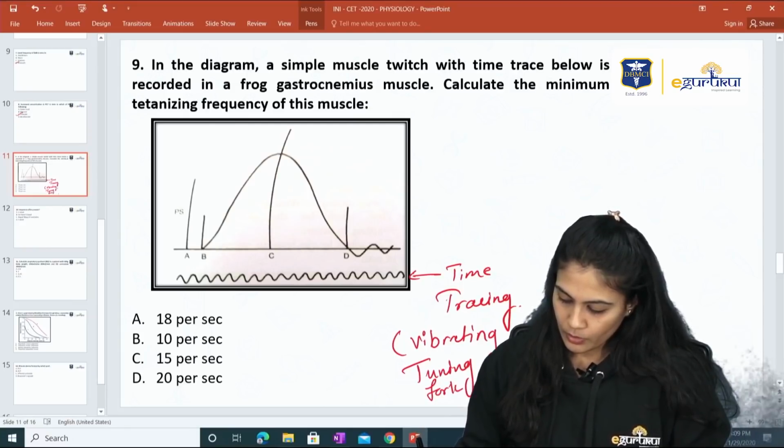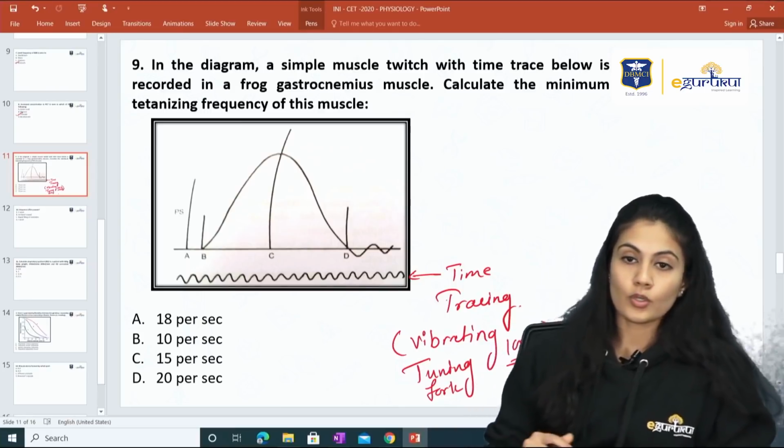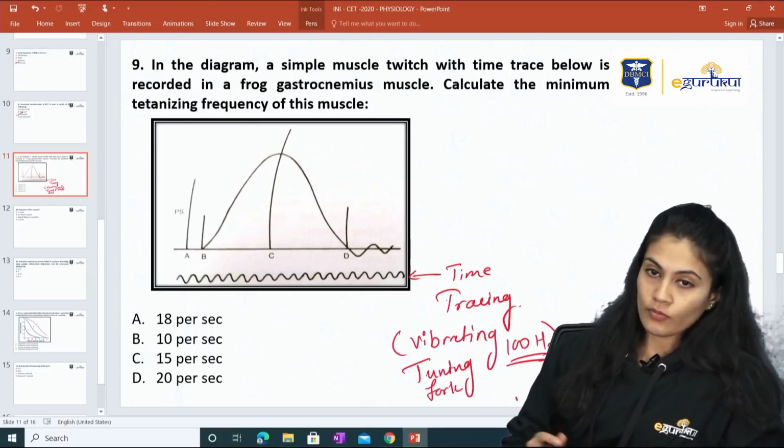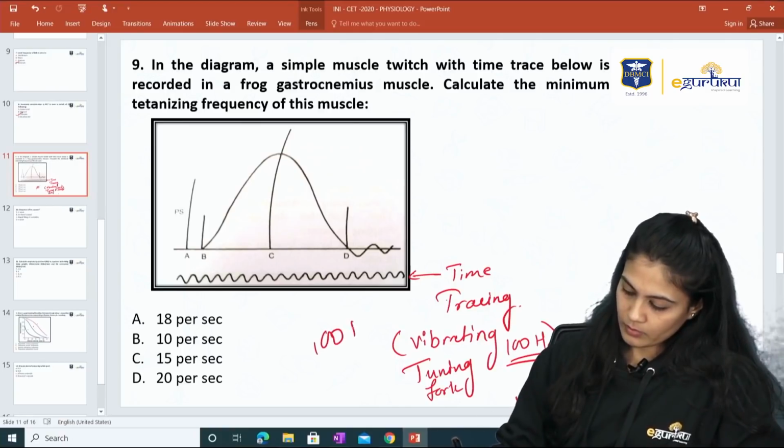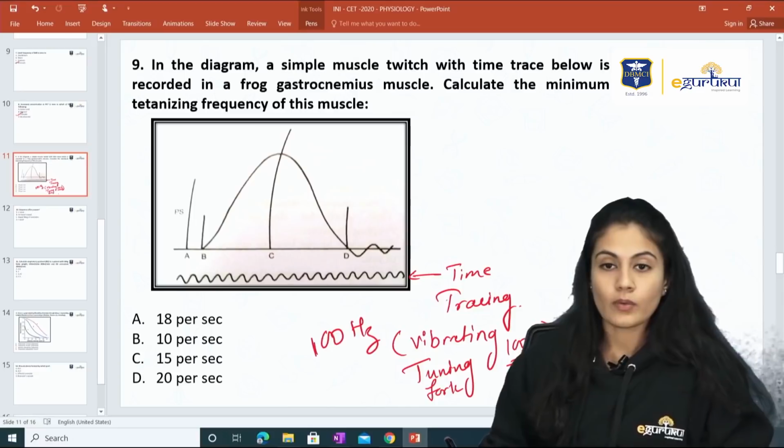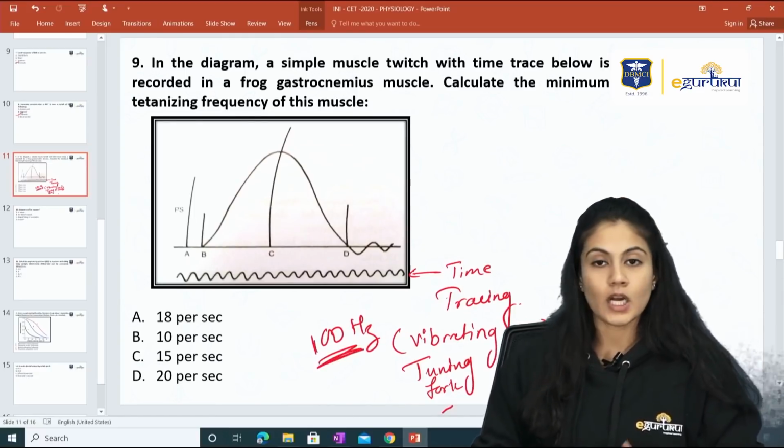Usually we use a 100 Hertz vibrating tuning fork.